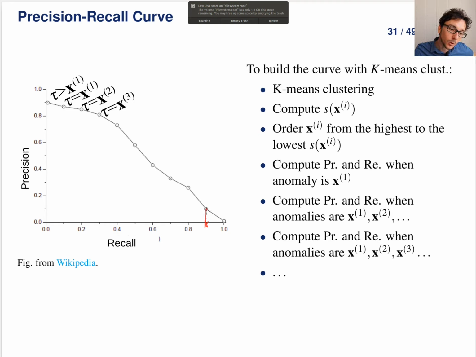So if I want to obtain this recall, well, I know already for sure that on average, I will tend to have sort of 0.1 precision, meaning that among all the alarms that I will get, only 10% will be truly anomalies.